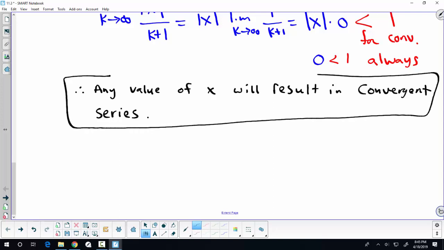We don't have to worry about what x is. That polynomial is equivalent to e to the x, is equivalent to that power series for all values of x. So we would say the interval of convergence is negative infinity to infinity, and the radius is infinite. Pick up there on Tuesday.